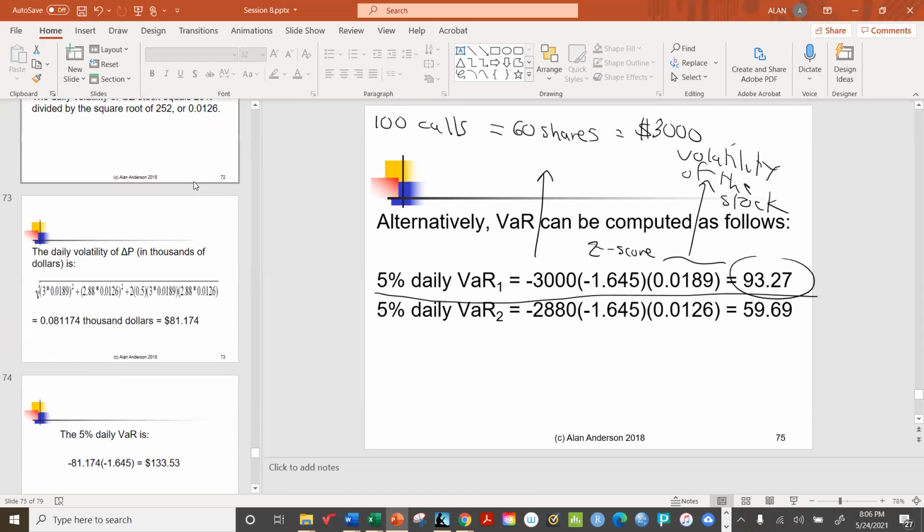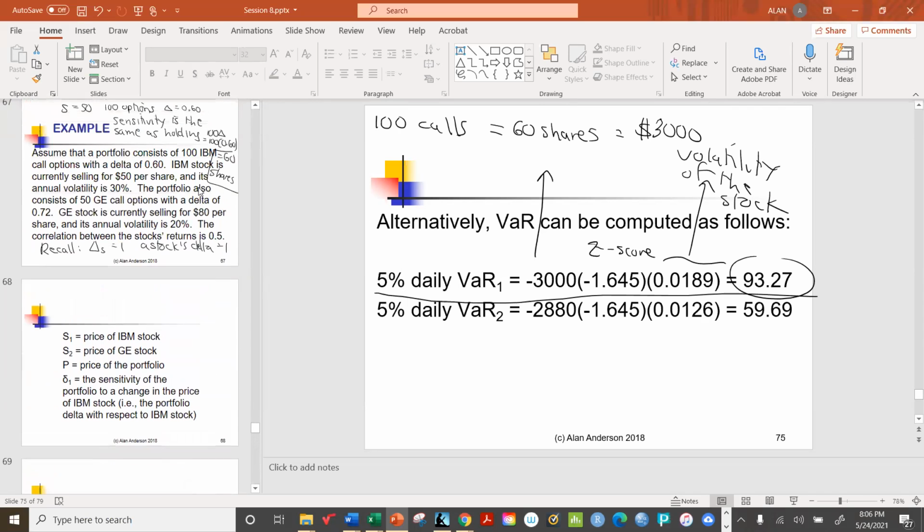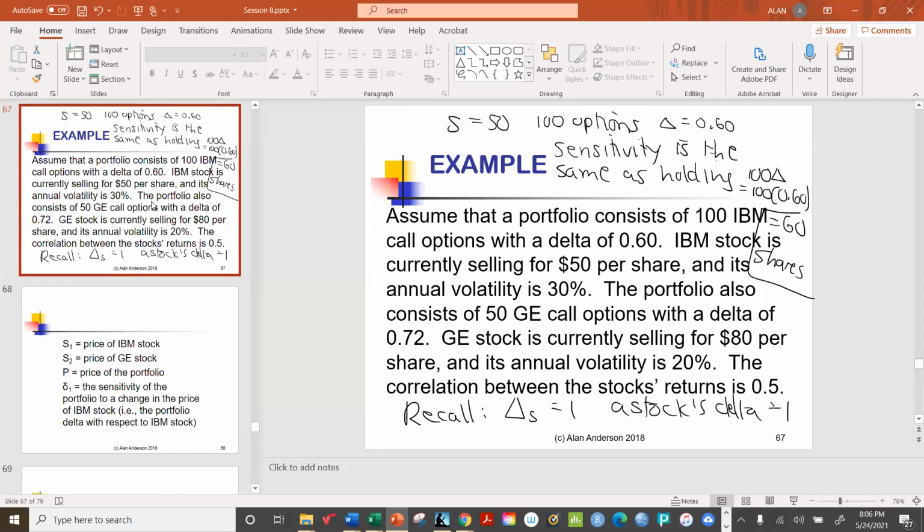For the second set of options, let me just go back and read the details here. For the options on GE stock, we have 50 options with a delta of 0.72 each, and the GE stock is selling for $80 a share. Okay.